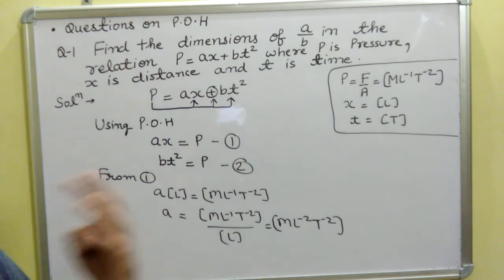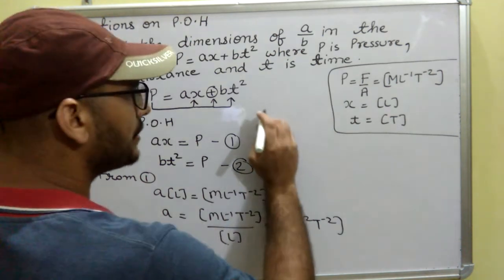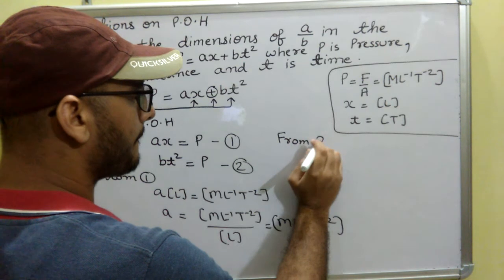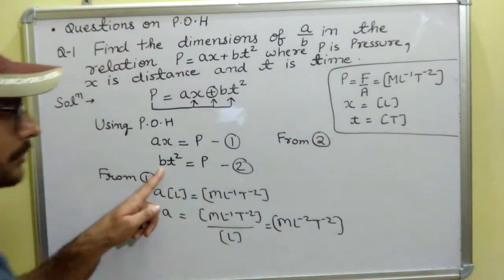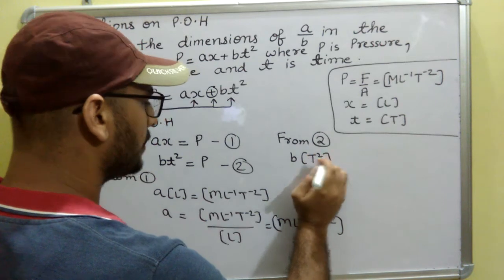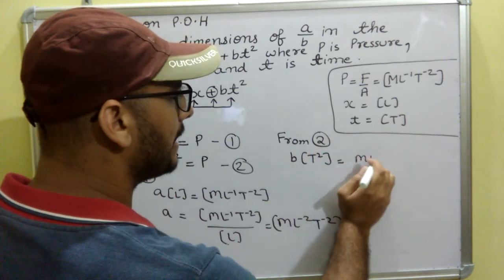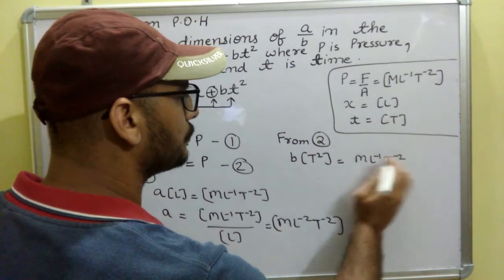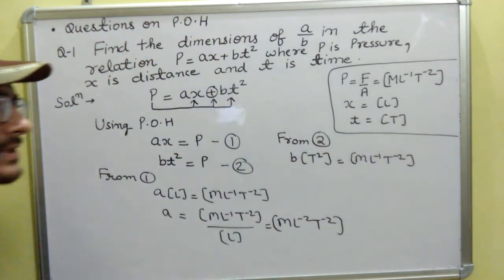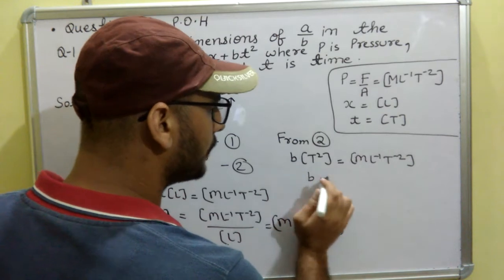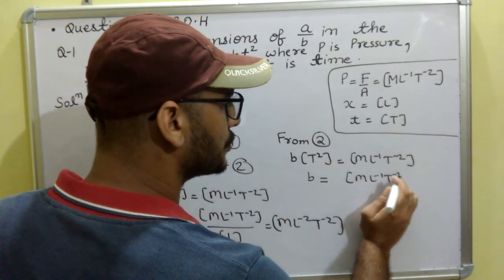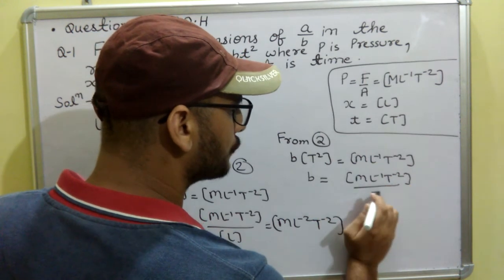Now we are going to calculate for B also. So from equation number 2, B times T squared is equal to ML^-1 T^-2. Now B will be equal to ML^-1 T^-2 divided by T squared.